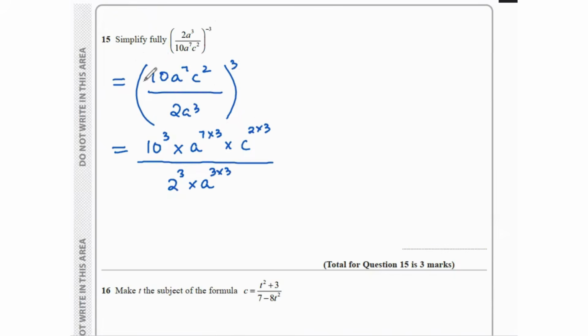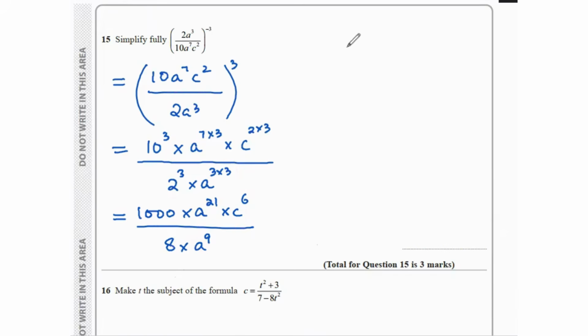As you can see, the 3 got distributed on every single term in the bracket. We didn't leave anything. So that's 1000 times a to the power of 21 times c to the power of 6 over 8 times a to the power of 9.